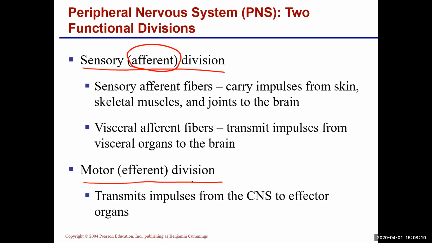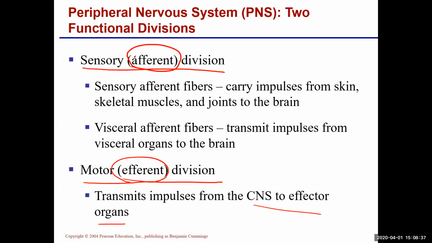So the motor neurons that we discussed come from the CNS to the effector organs, as is explained right over here. But efferent is another classification, just saying information that gets out. So sometimes instead of sensory division, we call it afferent division.